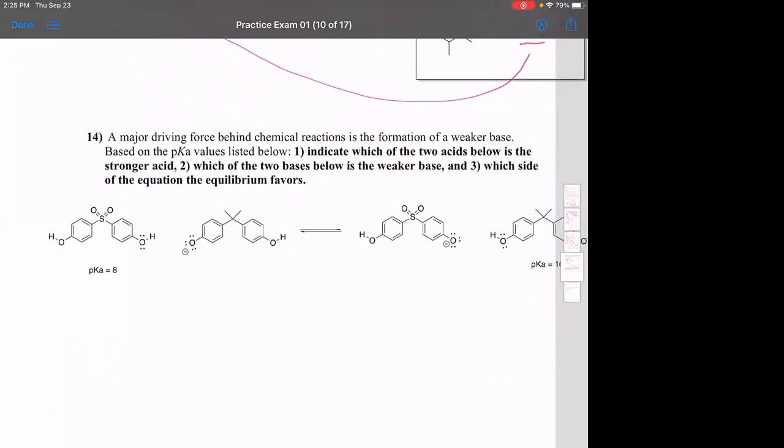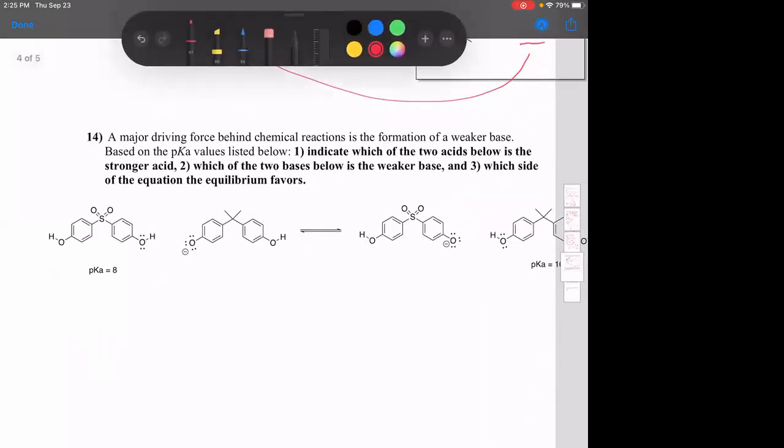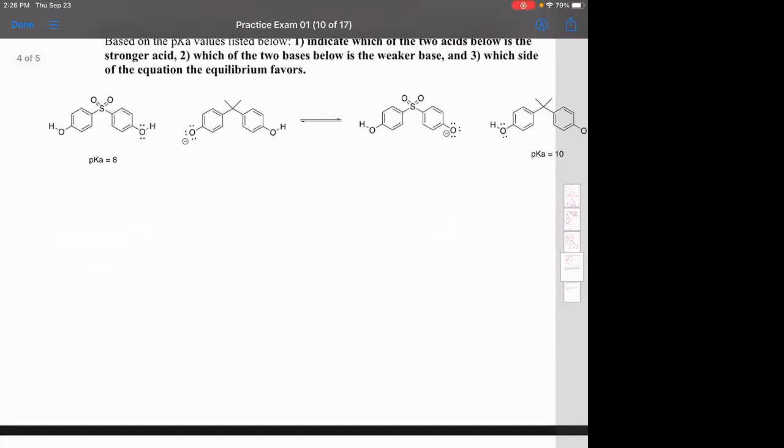Okay. Major driving force behind chemical reactions, formation of the weaker base, or we could also say the weaker acids, right? So indicate which of the 2 acids below is the stronger acid. There it is. Okay.